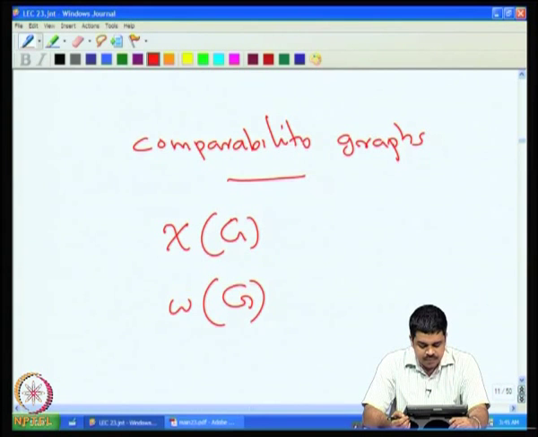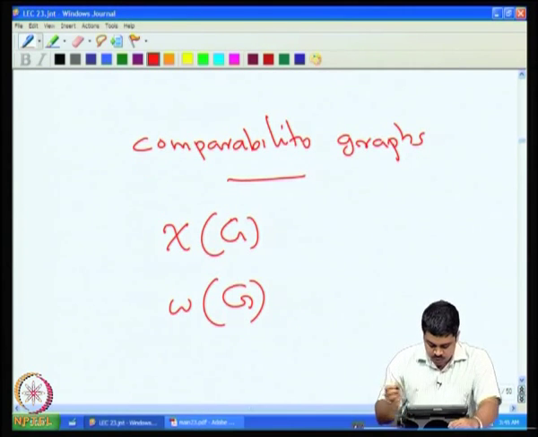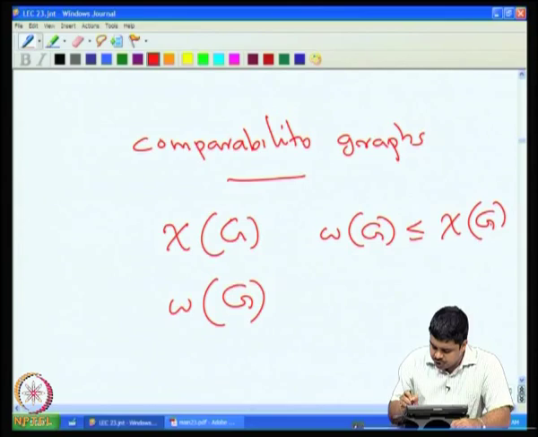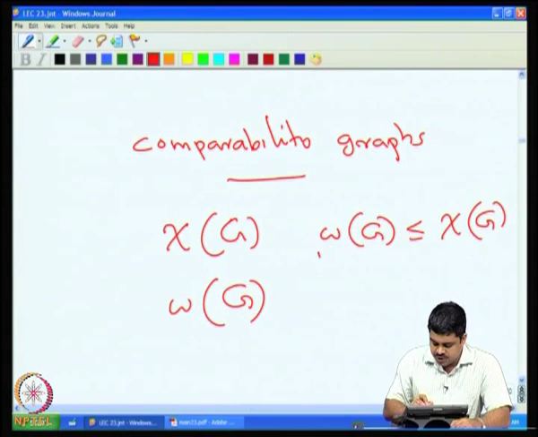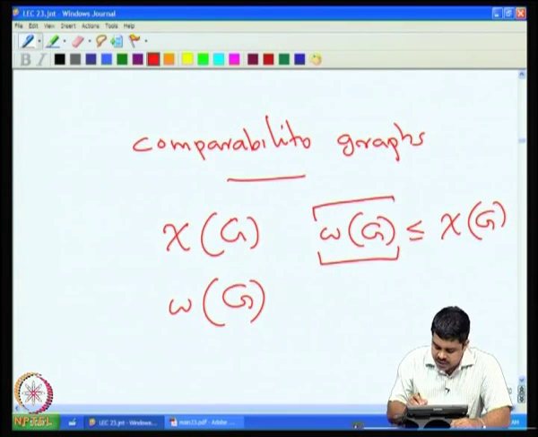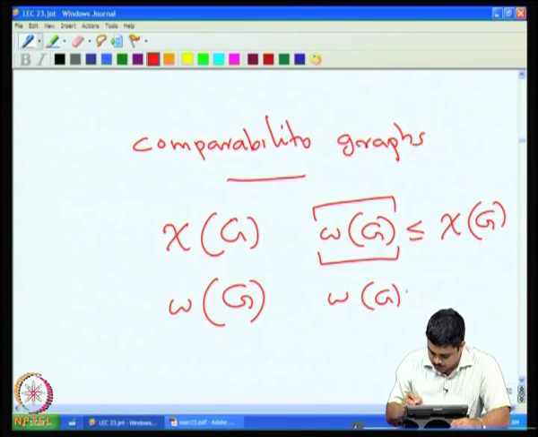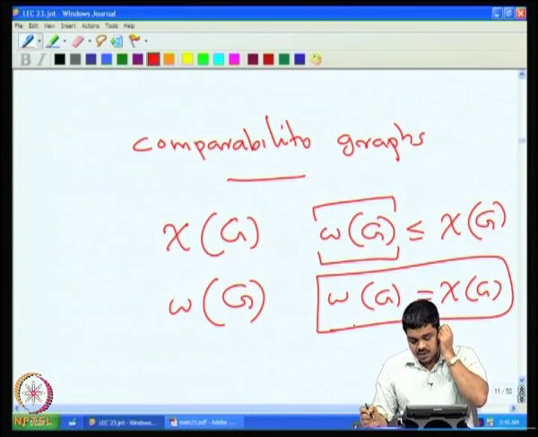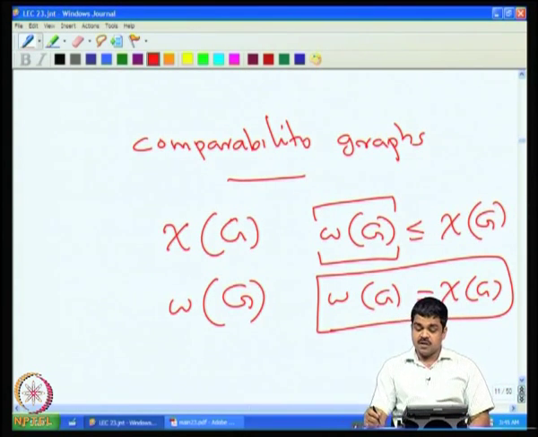So essentially we just have to show that, see, we know that omega of G is less than or equal to chi of G. Now, if you show a coloring which uses only omega of G number of colors, then it means that omega of G equals chi of G, right. So, that is what we are going to do now. We will show a coloring such that the number of colors used is only omega of G.